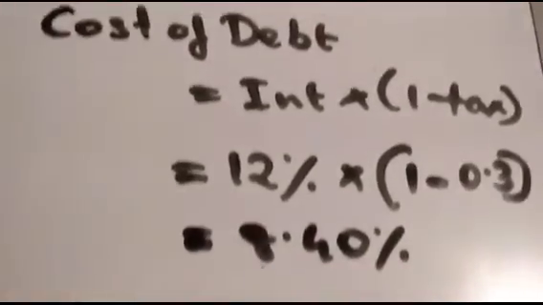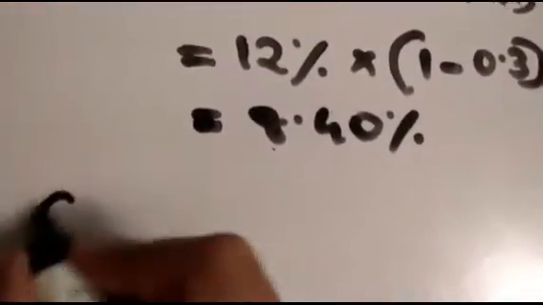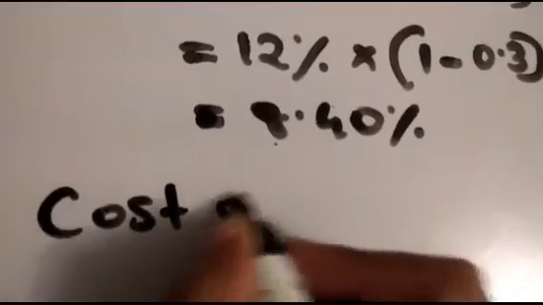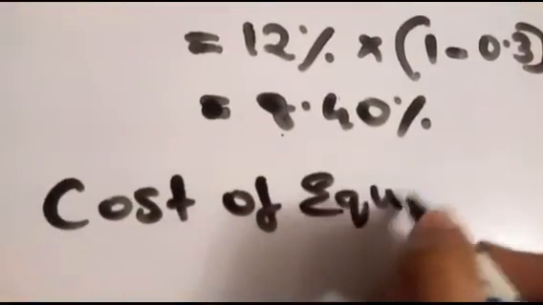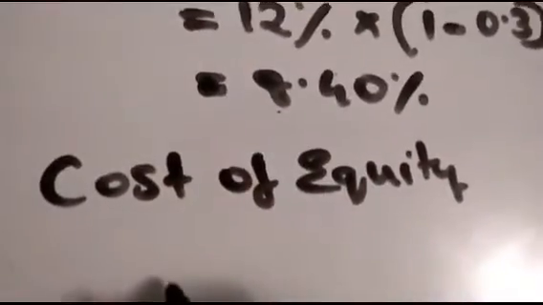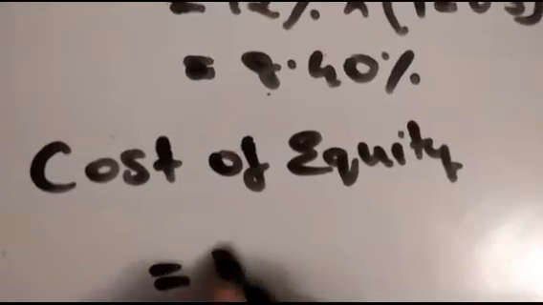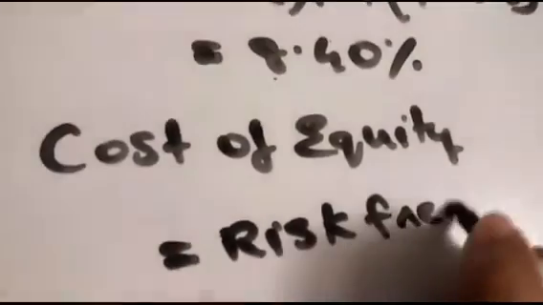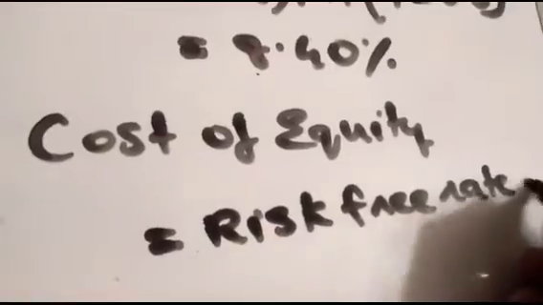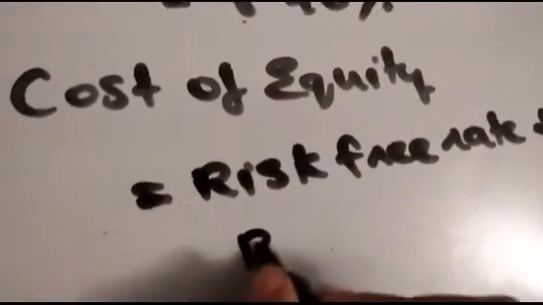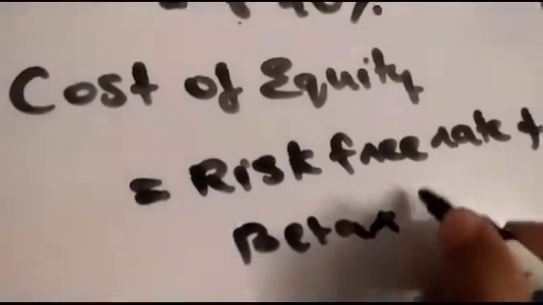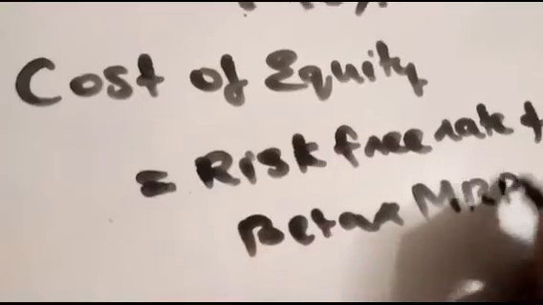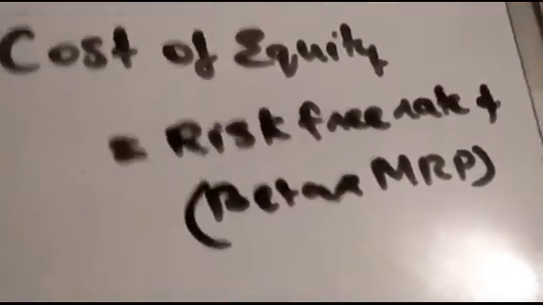Now we have to calculate the cost of equity. Cost of equity is equal to risk-free rate plus beta into market risk premium. Market risk premium is given in the question.